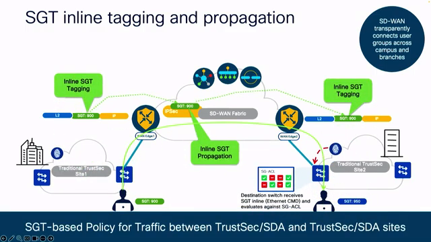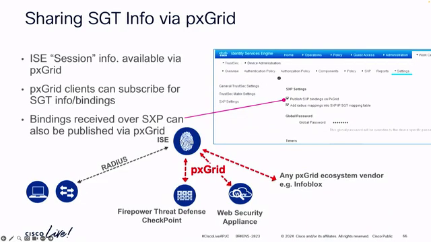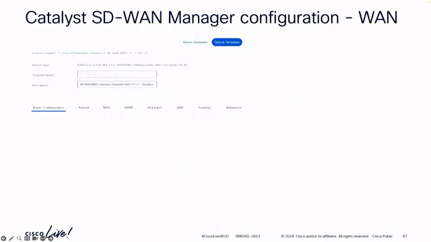And you know, in the SD-WAN world, we run a protocol called OMP. So how OMP can help us get SGT information? That's all I'm going to show you. To enable SGT support, you need two tabs.